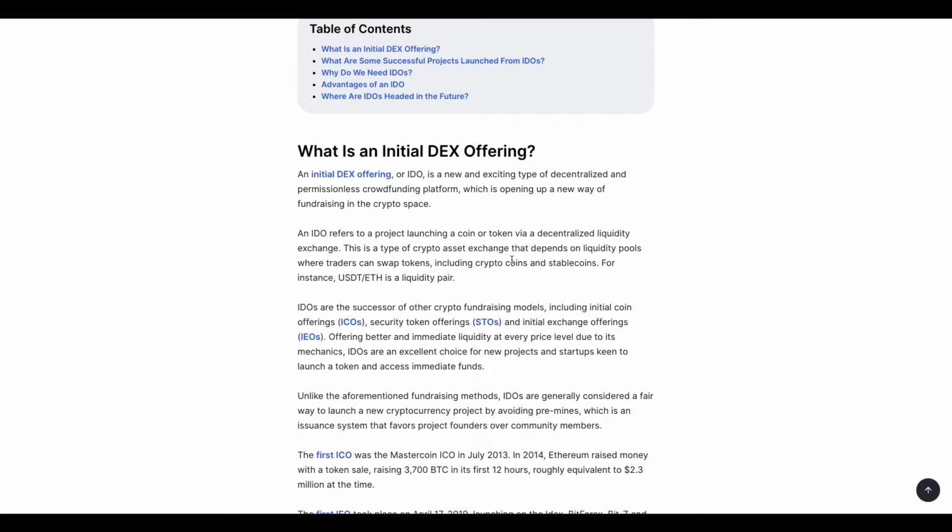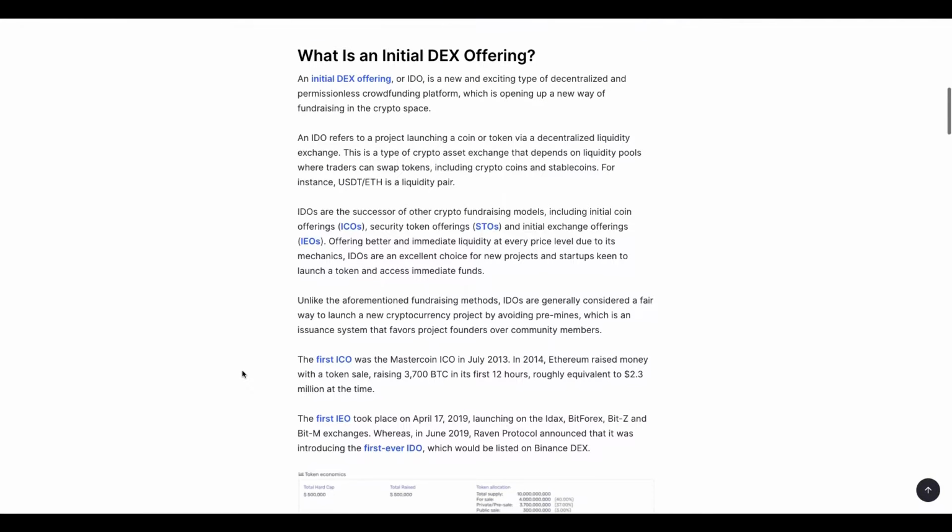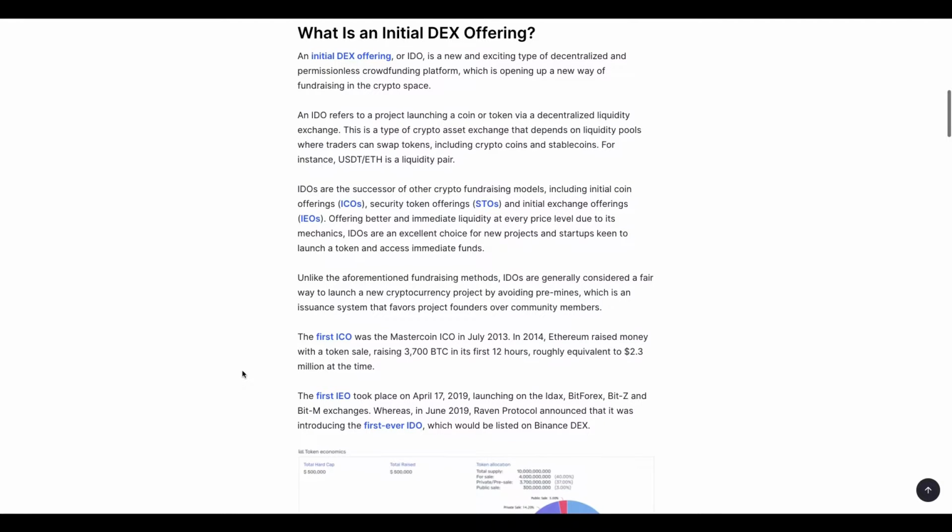So basically, you would use Ethereum, and I believe there's another coin that you have to put into the liquidity pool because I believe it's a liquidity pair. So maybe a stable coin like DAI. Basically, you're throwing in the Ethereum and your stable coins into the liquidity pool, and the bigger the liquidity pool, the more money that is raised for that IDO, offering on a decentralized exchange such as Uniswap.